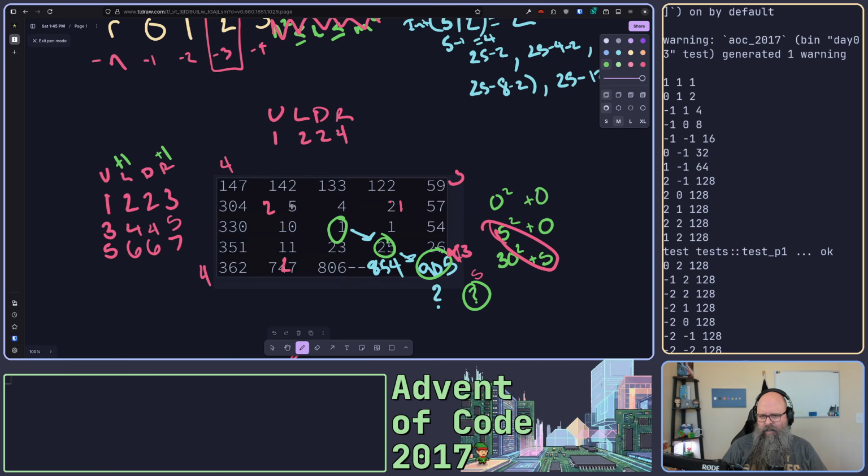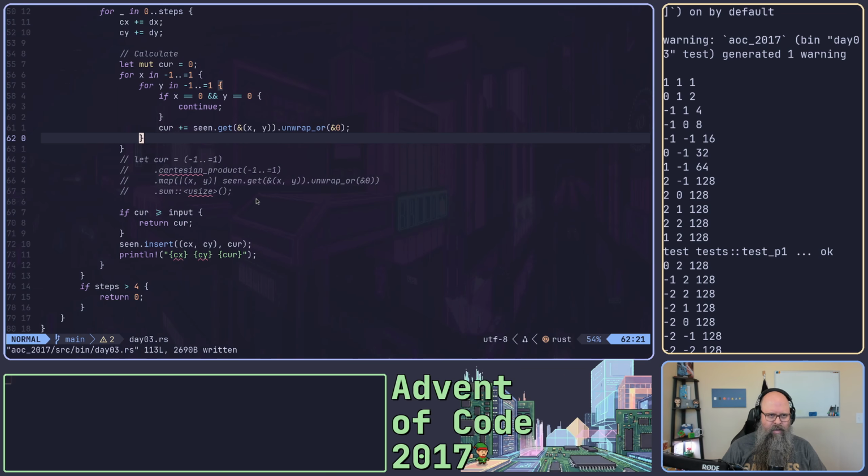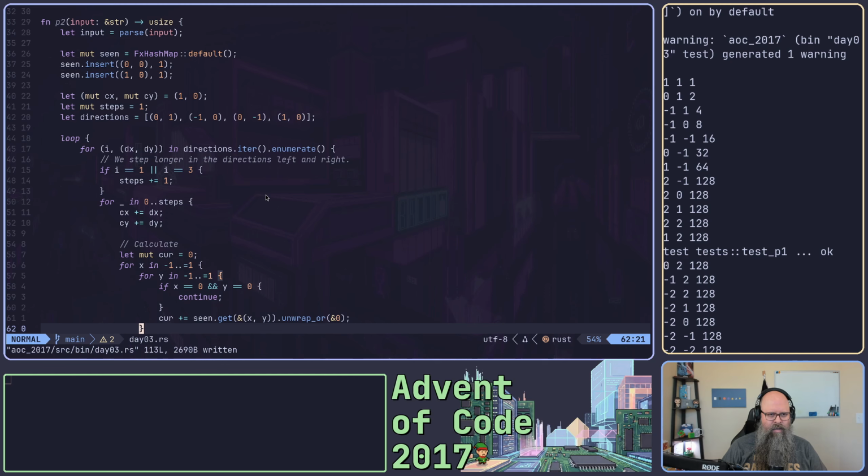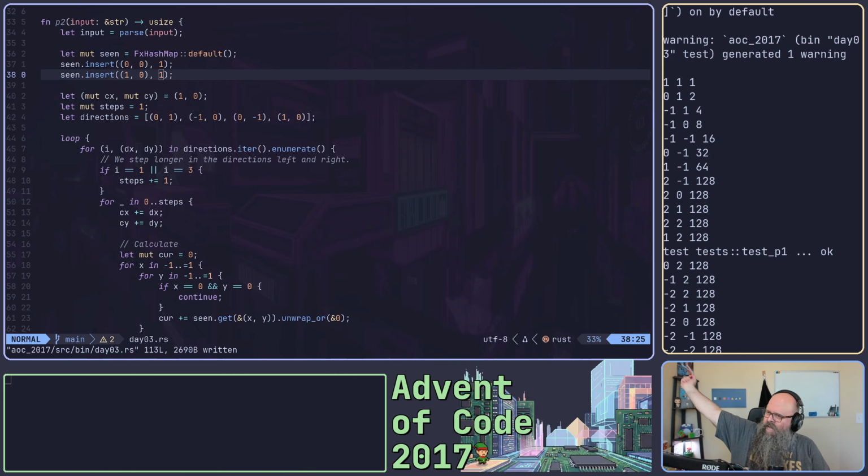How do I possibly get 8 here? Do I need to calculate and then move? No, I think I move and then calculate, right?